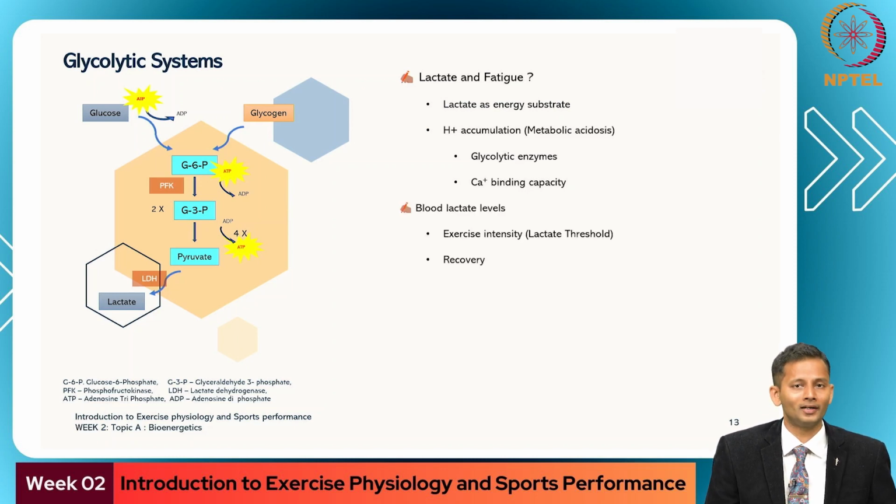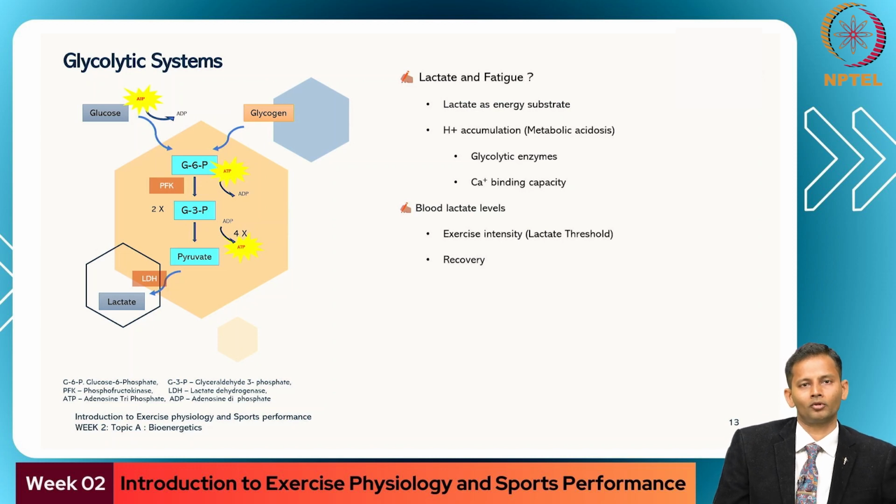So how are blood lactate levels utilized in sports science? Blood lactate level gives you an idea about the exercise intensity. If you are an untrained individual, you will generate blood lactate at an earlier phase. As you get trained over a period of time, the time taken to reach the required blood lactate level, which is indirectly a sign of fatigue, is postponed.